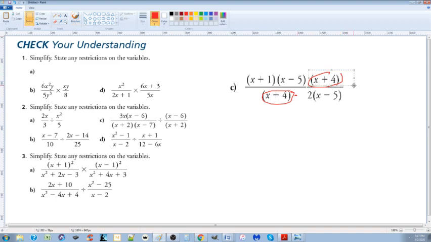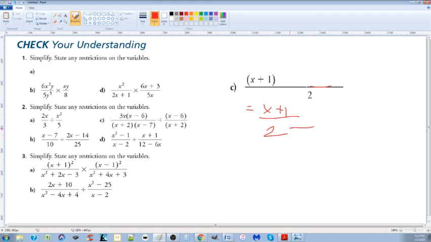And then this right here can be simplified with this right here, so it's gone. And that's what we're left with. The simple answer is x plus 1, you can get rid of the brackets if you want, over 2. Now, looking at this, you'd never know the restrictions, but remember, we found 2 restrictions, so that's why we find the restrictions before getting to this.